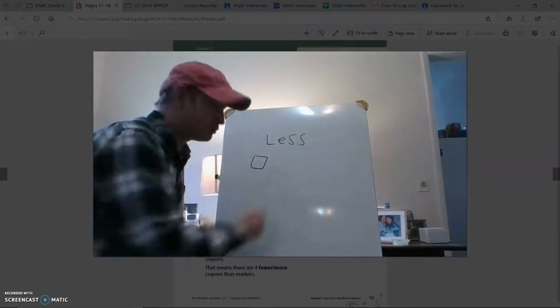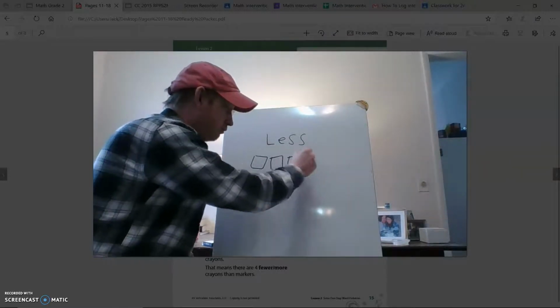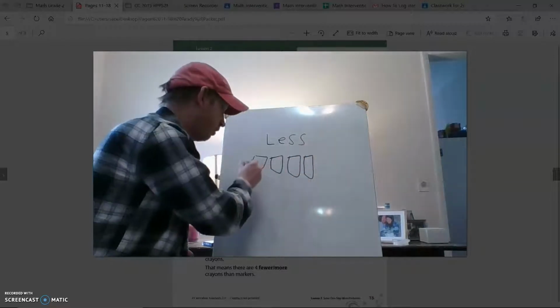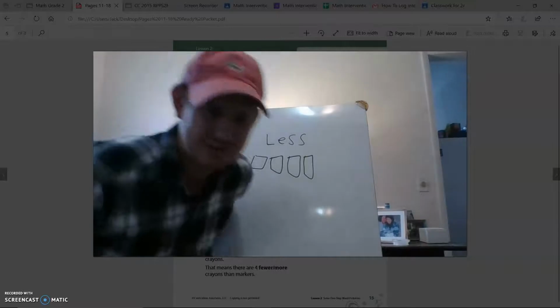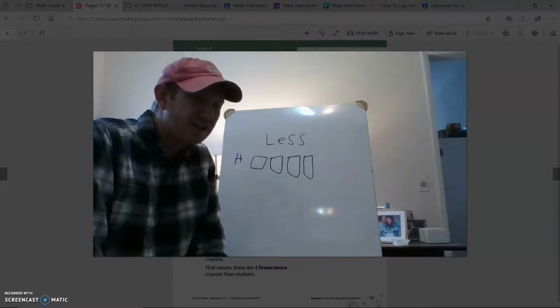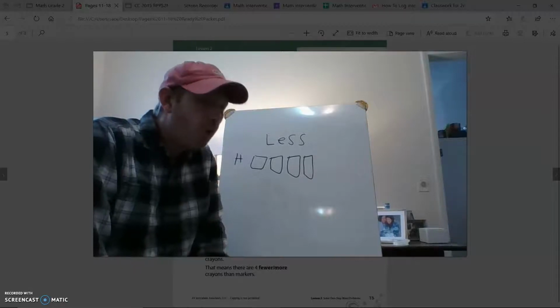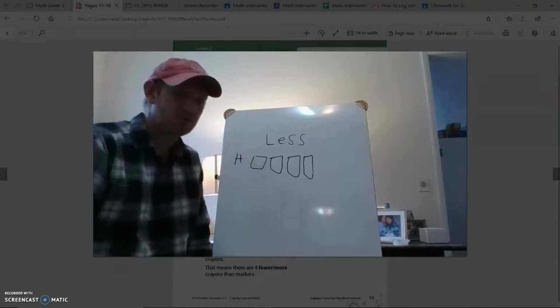Make a little box for hamster. 2, 3, 4. So those are our hamsters. I'll put a little H next to them so you can see that there are hamsters. And then we have mice. But we have more mice than hamsters because we have fewer hamsters.